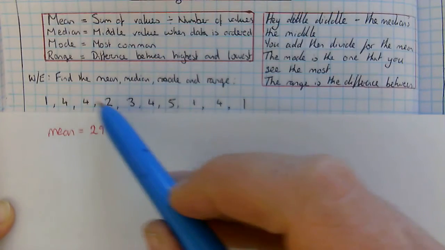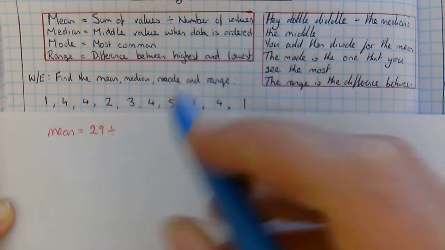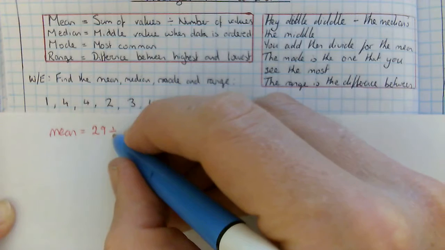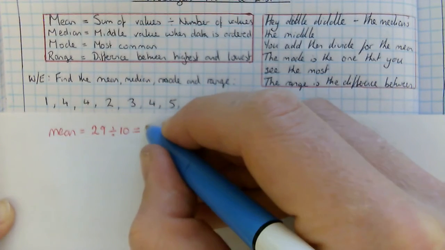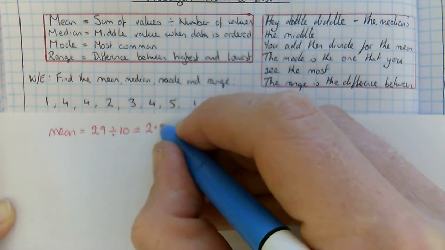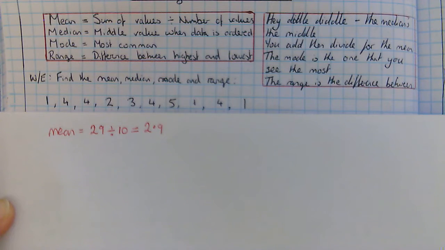There's 1, 2, 3, 4, 5, 6, 7, 8, 9, 10 values. 29 divided by 10, which is going to give me a mean of 2.9. Okay, so if I shared them all out equally amongst each individual value, each value would be 2.9.